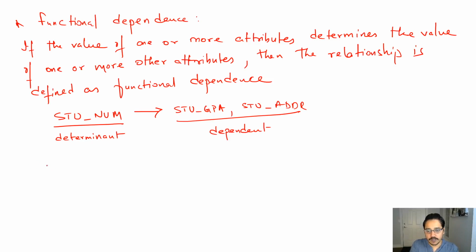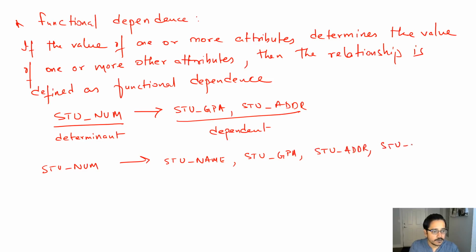Now, of course, you can have many different forms of functional dependence within a particular table, right? This particular example can be rewritten as student number can determine student name, student GPA, student address, and then student department. So this is also an example of functional dependence.